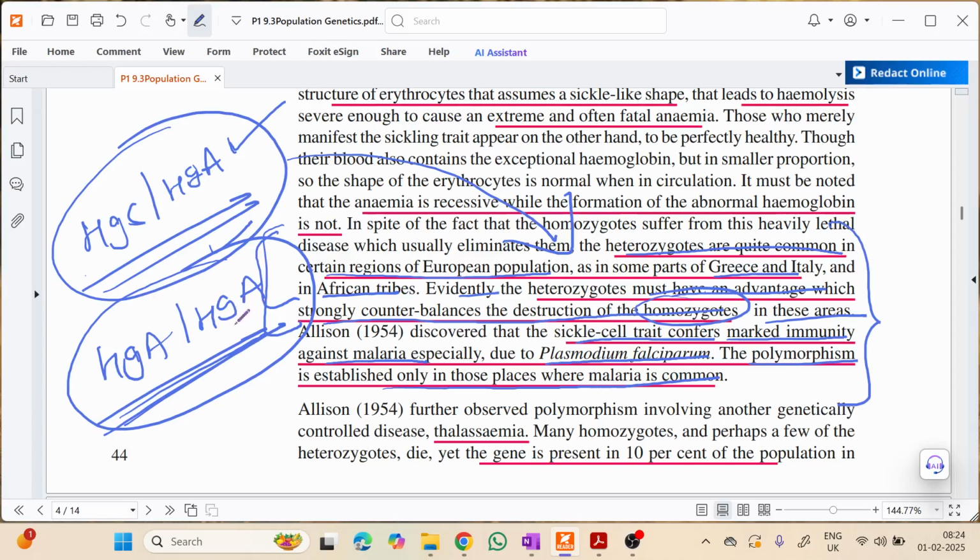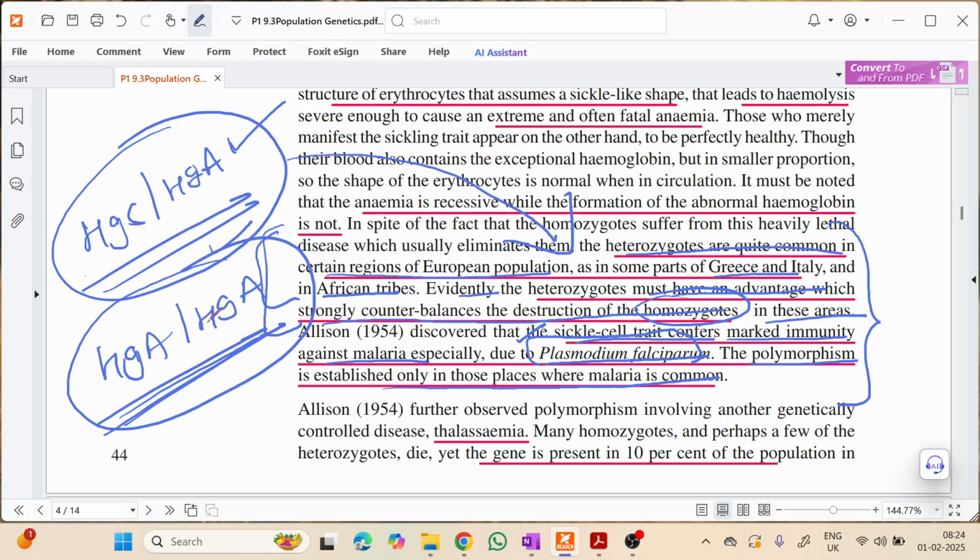Because this sickle trait helps the population. It helps those who are suffering from malaria, who get diseased by this particular vector, Plasmodium falciparum. So if it affects your immunity, you are going to die.